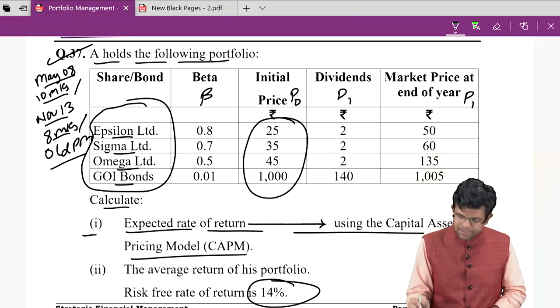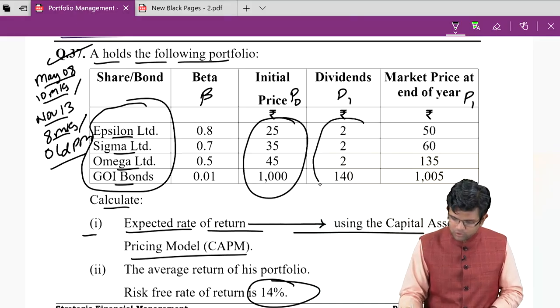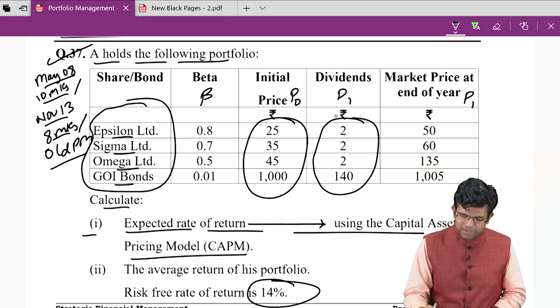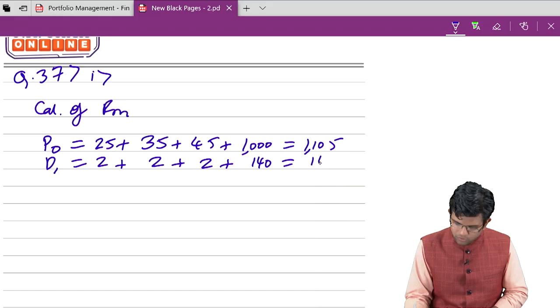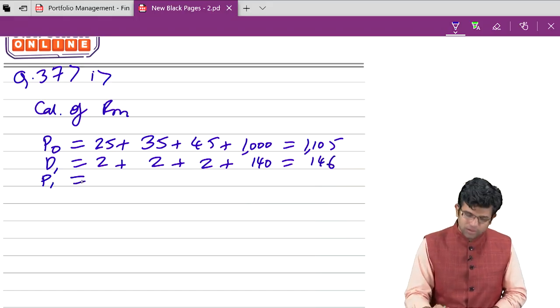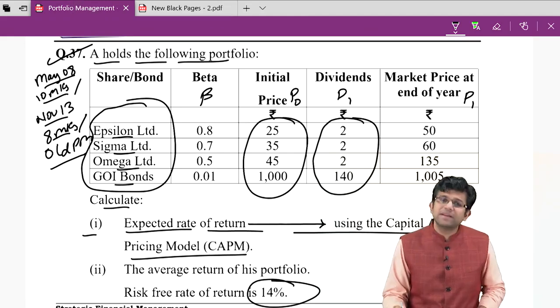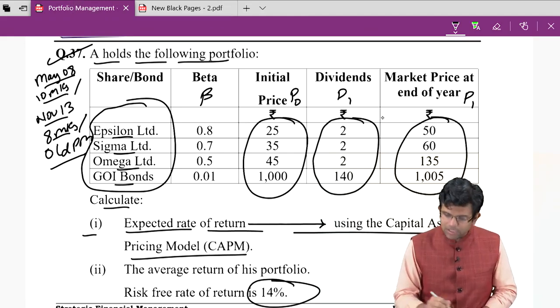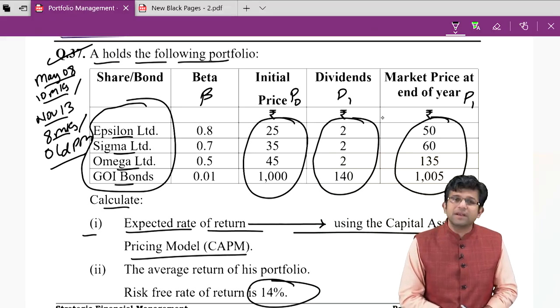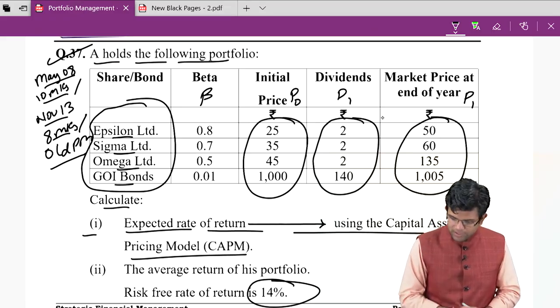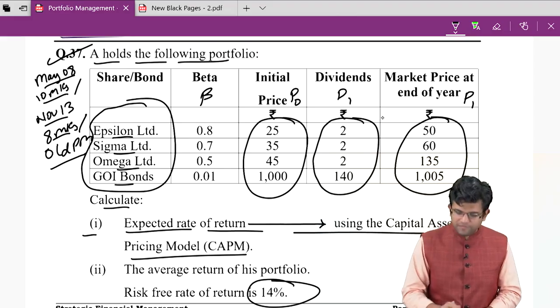D1, very simple. D1, can I say we'll take total of 2 plus 2 plus 2 plus 140. So I'll write down here 2 plus 2 plus 2 plus 140, which is equal to 146. And next, students, P1 will be the total of these 4, that is 50 plus 60 plus 135 plus 1005.